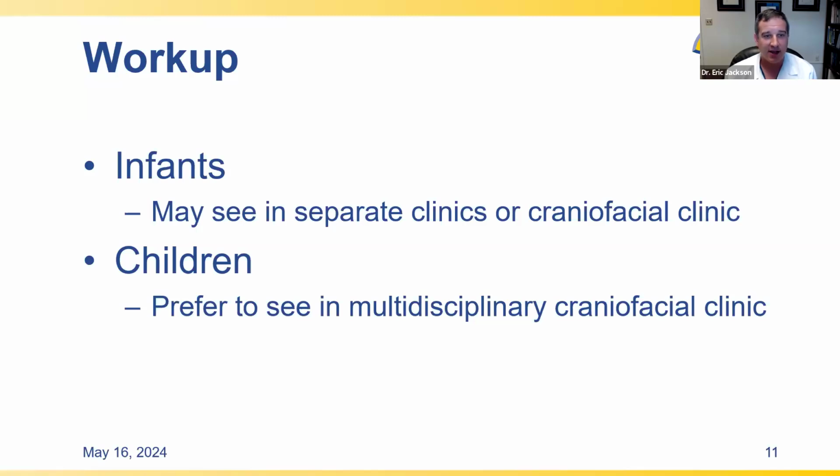So infants, we may see just in a separate clinic to try to get people in faster because of the timing. Now, older children or second opinions or different things like that, we typically like to see in our multidisciplinary craniofacial clinic where there's multiple providers, including from neurosurgery, plastic surgery, genetics, so we can have a discussion about the whole picture and best ways to move forward.